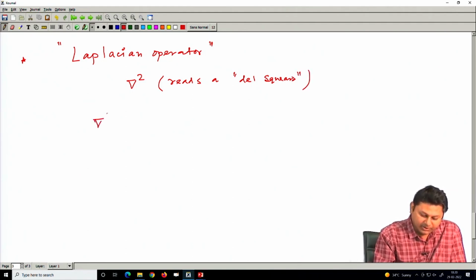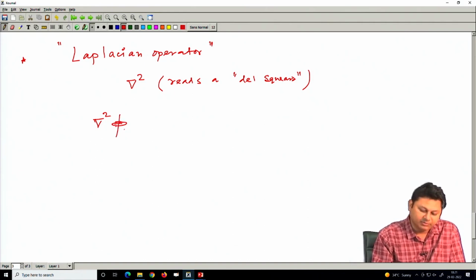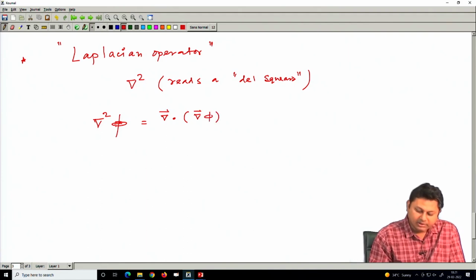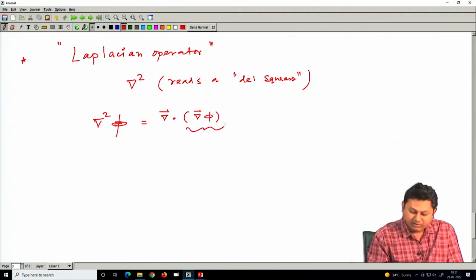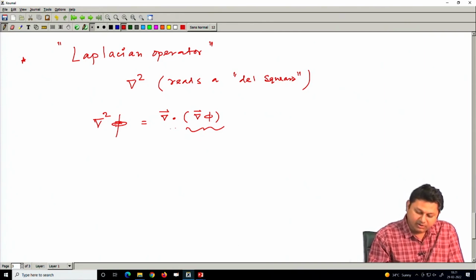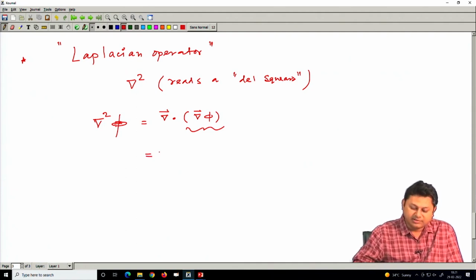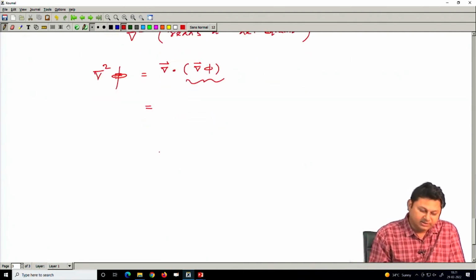When this operator operates over a scalar field, suppose a scalar field phi, it looks like this. First I can take the gradient of the scalar field, then this becomes a vector field, and then if I operate the divergence over this, I am going to get this.